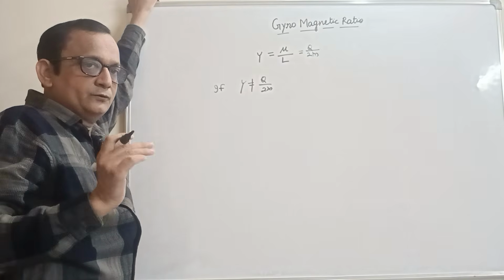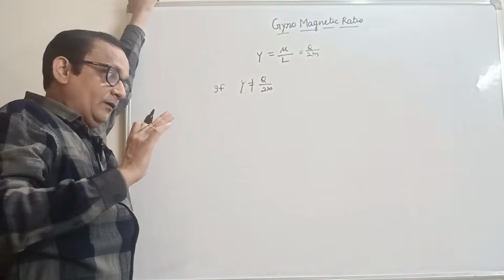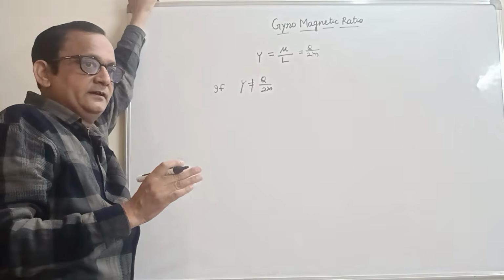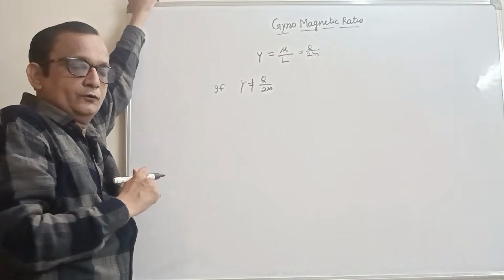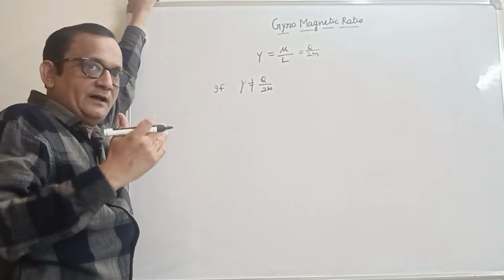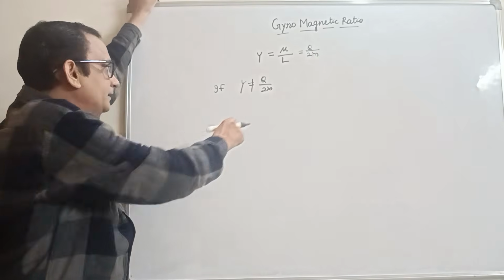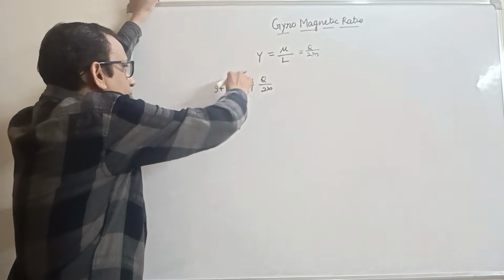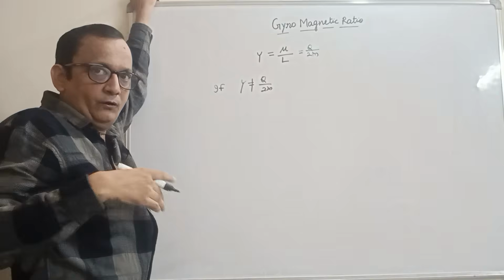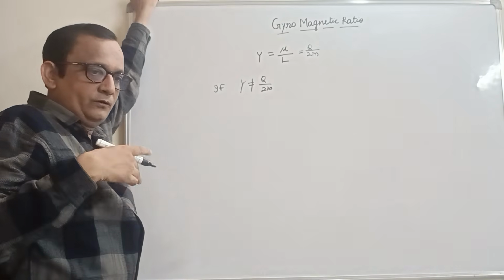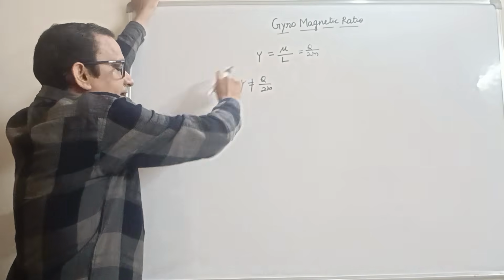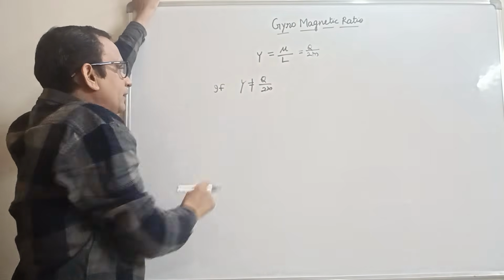So the charge distribution is two dimensional, but in solid cases the mass is distributed symmetrically over the whole volume, so it is three dimensional. So the distribution of charge and mass is not symmetrical, and the gyromagnetic ratio is not equal to q by 2m. For a hollow cone, hollow cylinder and hollow sphere, the charge and mass distribution is the same, so the ratio would be q by 2m.